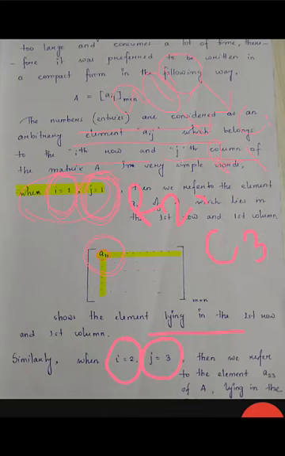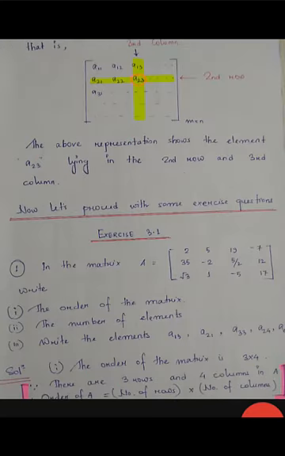The element is lying in the second row and third column. So the position will look like this: A23. That is the way of determining the position of an element in the matrix. And the position of this element A23 can be shown in the matrix in this way.